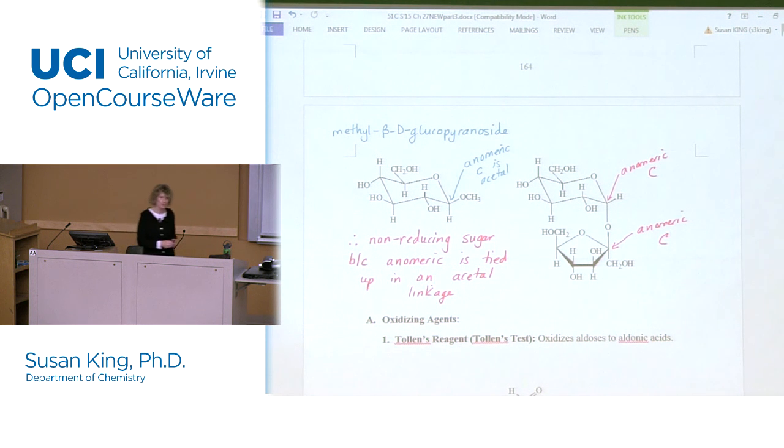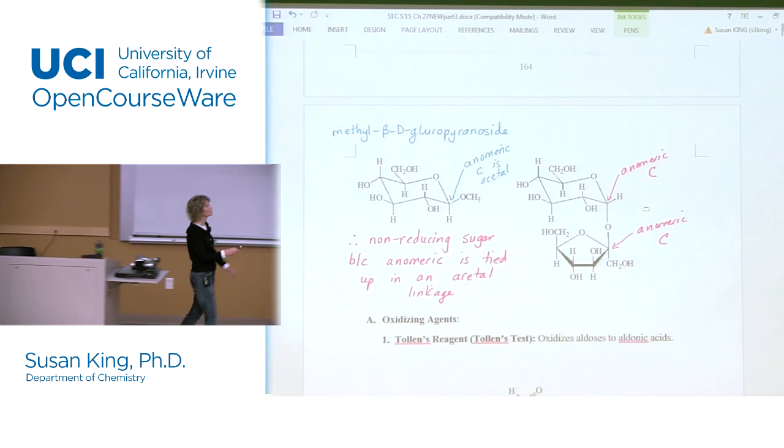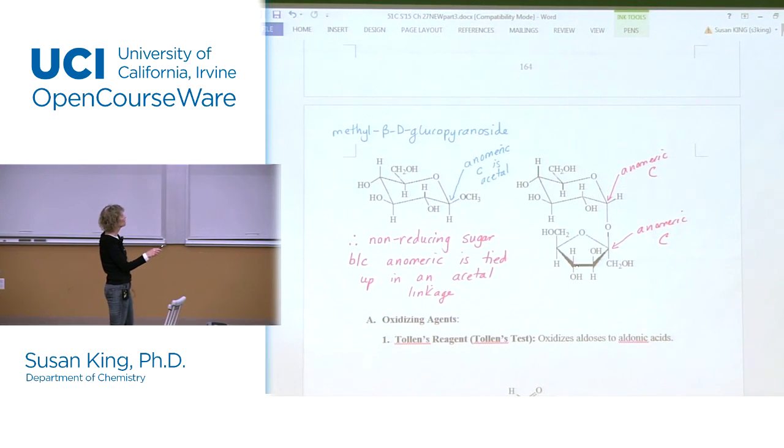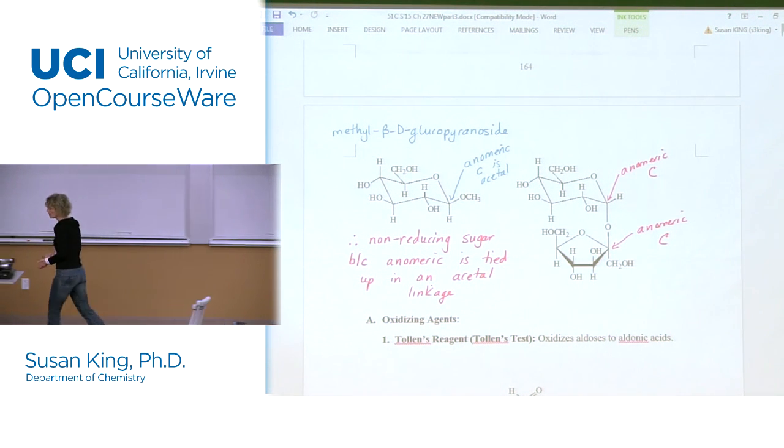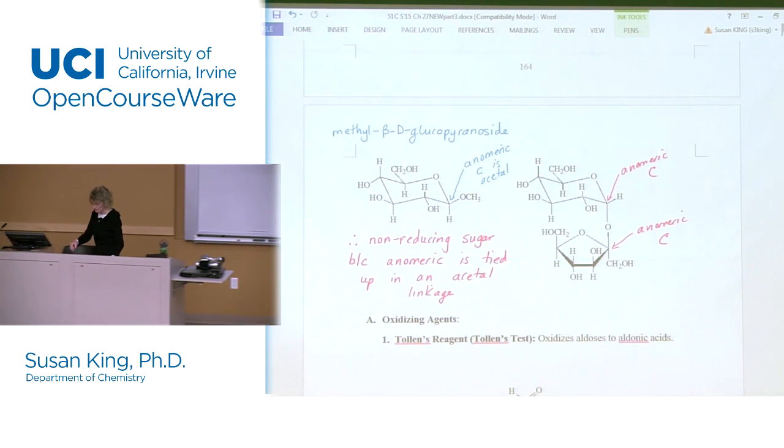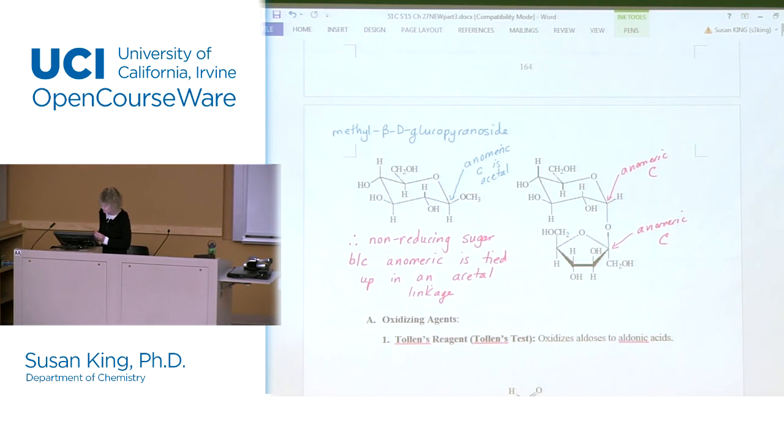It's the carbon that's bonded to two oxygen groups. We have a lot of alcohols all throughout, but we want to zero in on this one, because that carbon has an OR and an OR, and this carbon right here, OR and OR. So both anomeric carbons are tied up as acetals, so it is a non-reducing sugar.